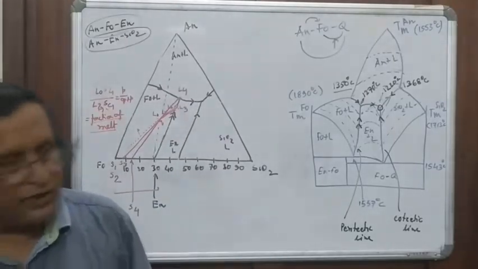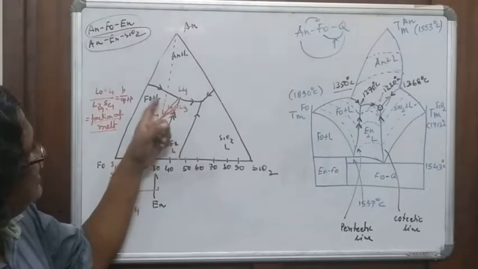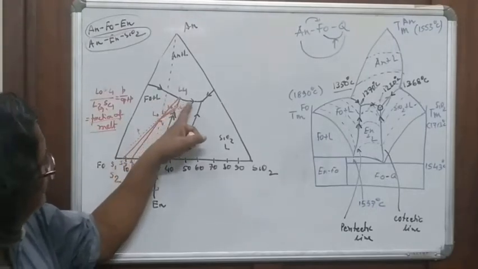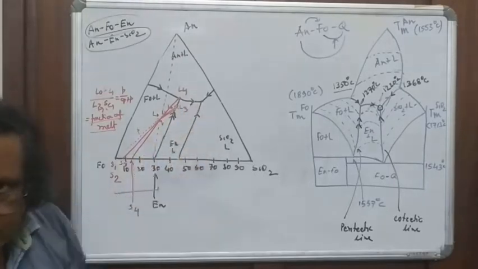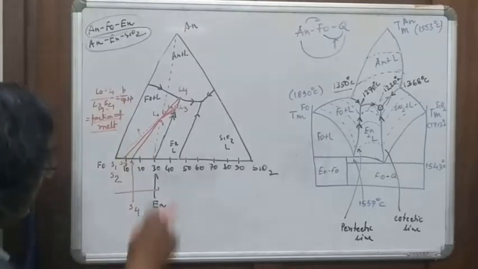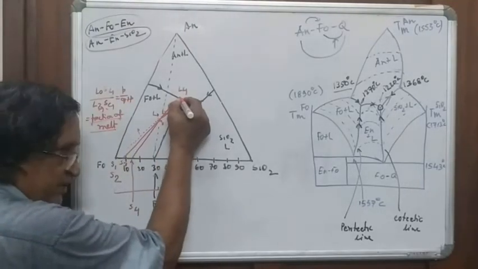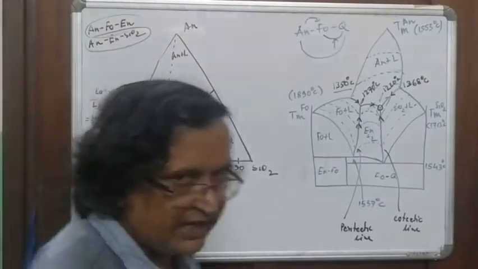Why? Because here, forsterite and enstatite are in equilibrium. If the melt moves here, there is no more forsterite. So forsterite should not be in the rock at all. So the melt cannot leave this place. At the same time, anorthite has to crystallize.